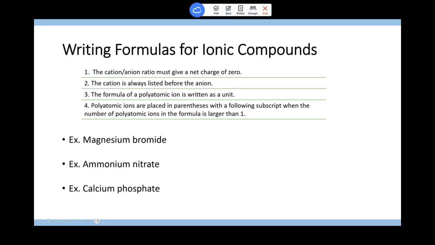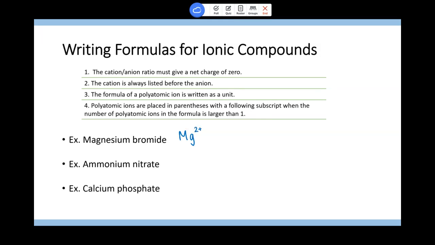And if we have more than one polyatomic ion in the ionic compound, we put parentheses around the polyatomic ion and use a subscript at the end to show how many. We've seen examples of this in the past. But let's do these examples. So we have magnesium bromide. Magnesium, if we look for it on the periodic table, is in the second column.